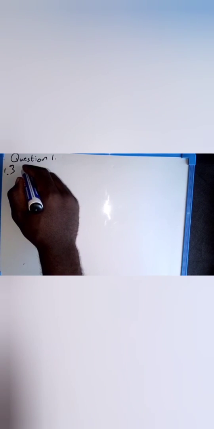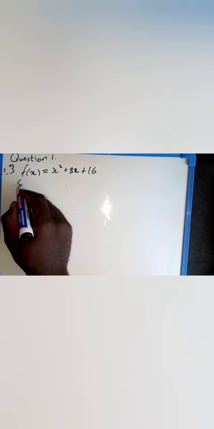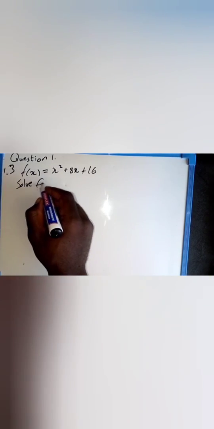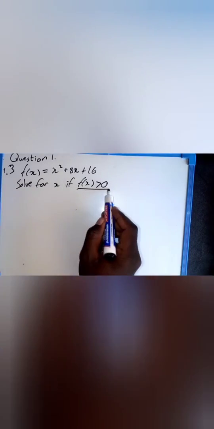Alright, cool. Now moving on to 1.3, we are given f(x) is equal to x squared plus 8x plus 16. And then they say solve for x if f(x) is greater than 0. So we are given this.